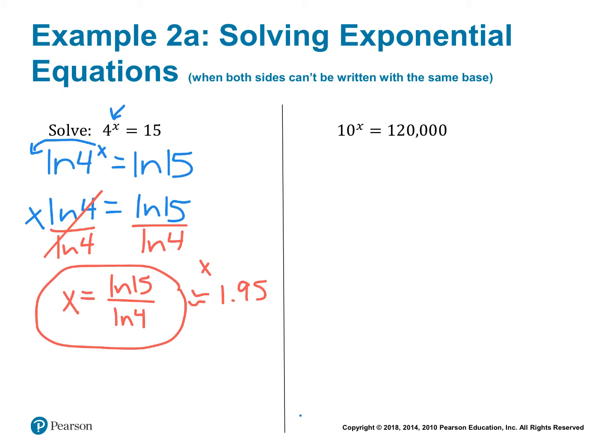We know that 4 to the first is 4, and we know 4 to the second is 16. So to get 15, it had to be really close to 4 to the second. So 4 to the about 1.95 gives you the answer of 15. It's always good to plug in the calculator just to see if your answer makes sense.